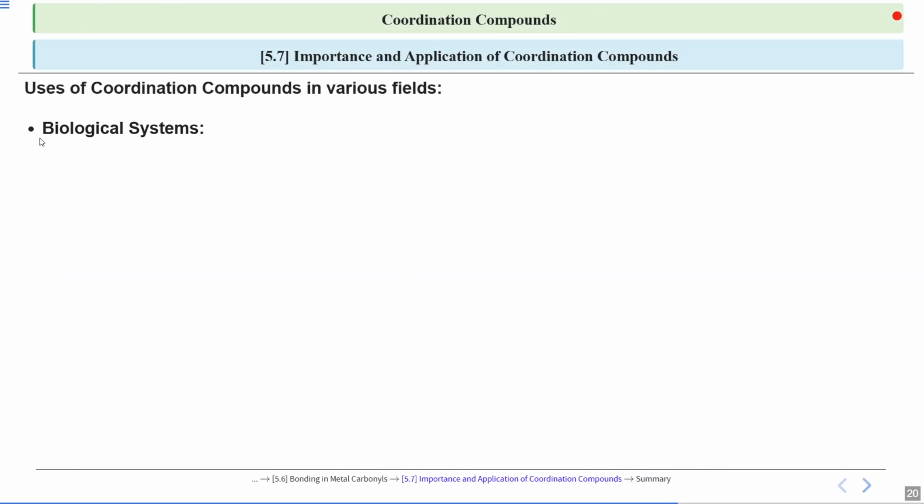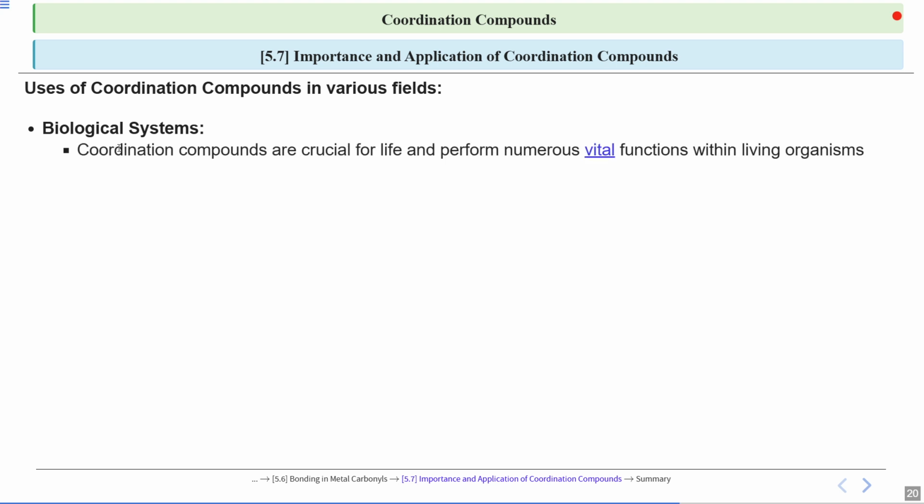Let's see the next use, which is in biological systems. Coordination compounds are crucial for life and perform numerous vital functions within living organisms. First is chlorophyll.